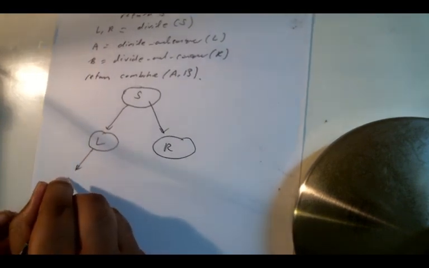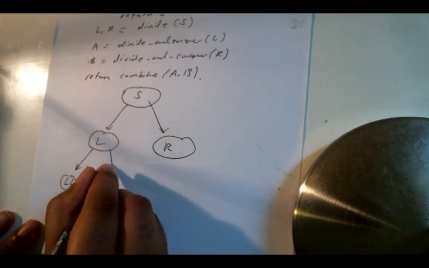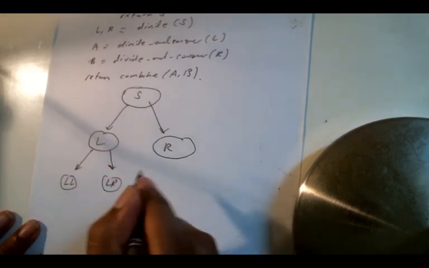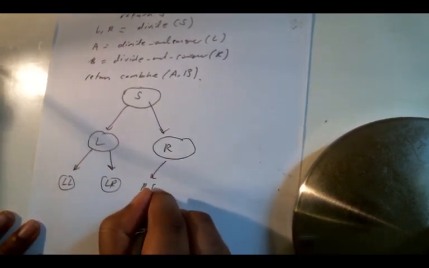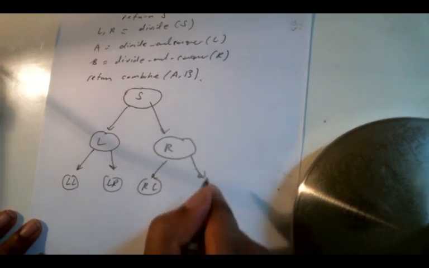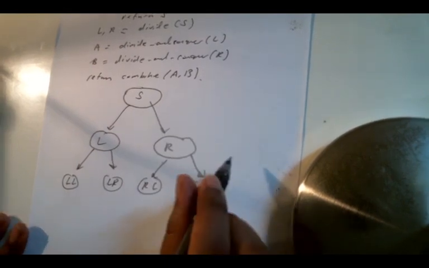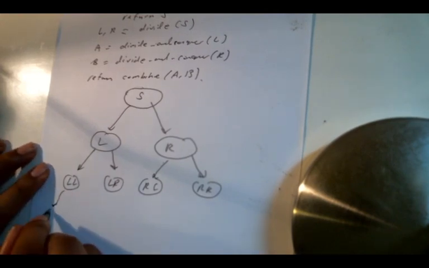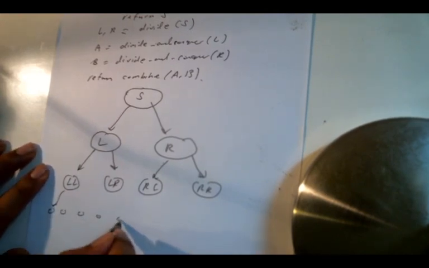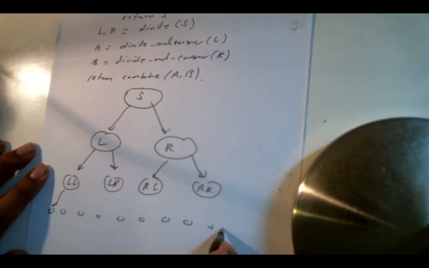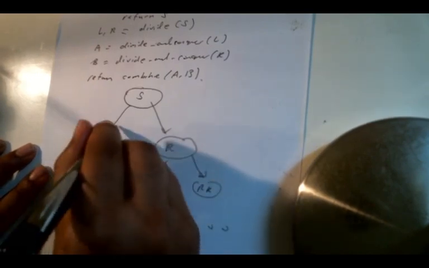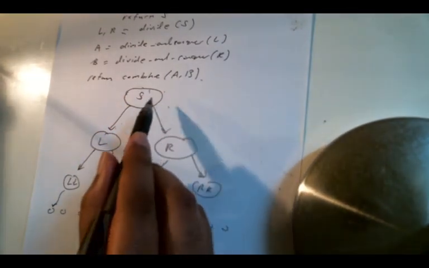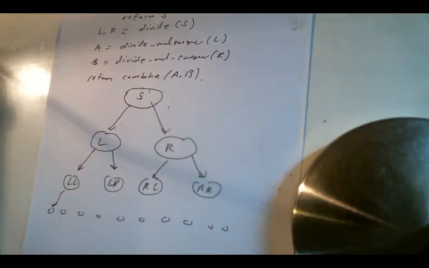So let's call this LL, LR, RL, RR. And we keep subdividing until we get to size 1, and so forth. And then we combine these solutions to get up to the top and the solution for the original problem. All right?